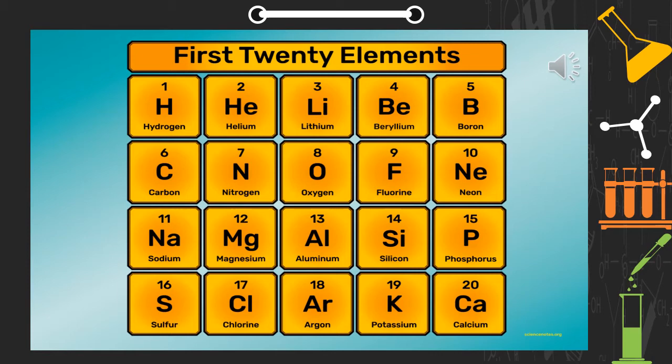We are not going to go deep, but I just wanted you to know that there are elements and the symbols are used for writing the chemical equation. And we have already seen what a chemical equation is: the symbolic representation of the chemical reaction.